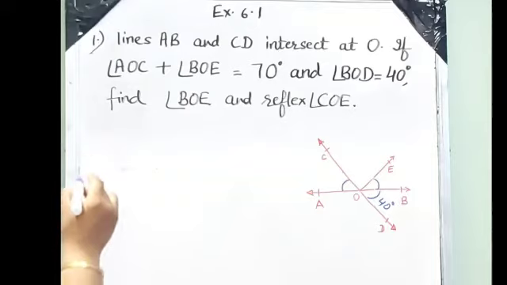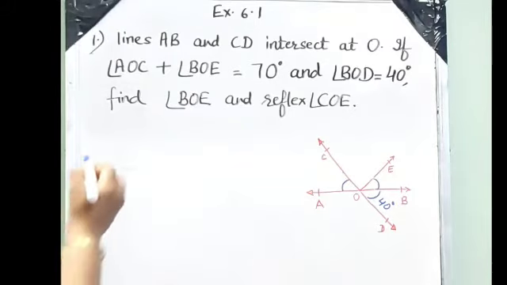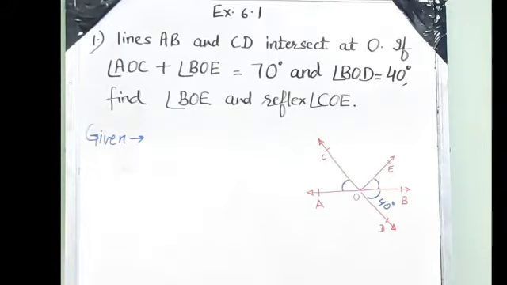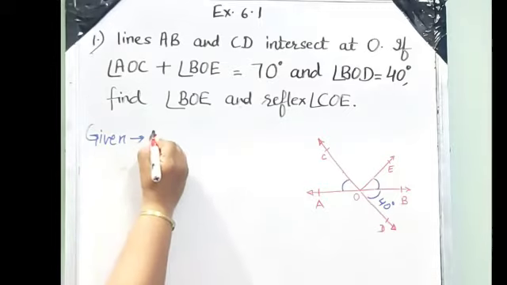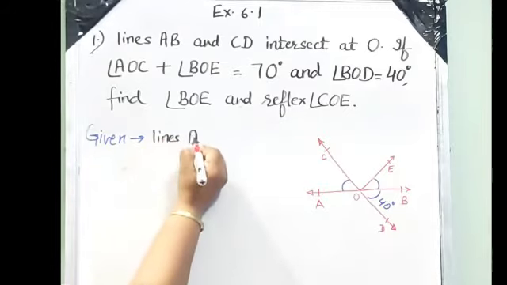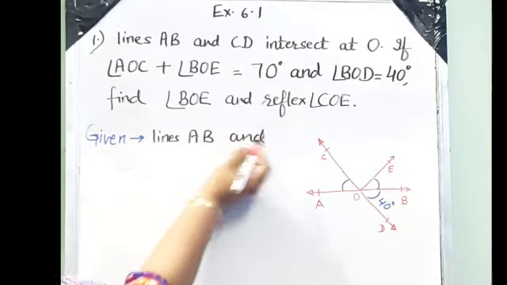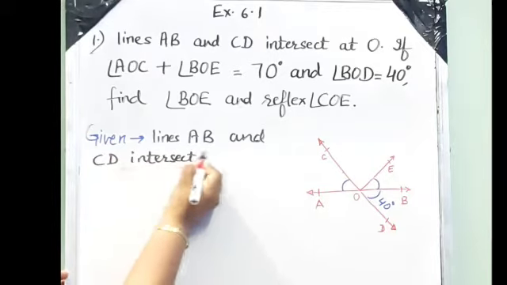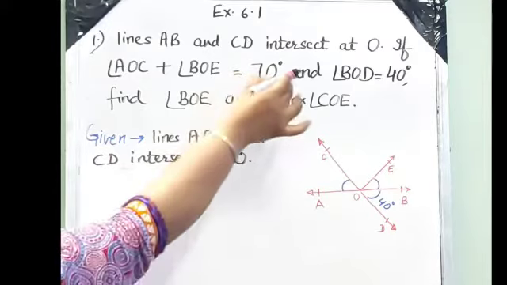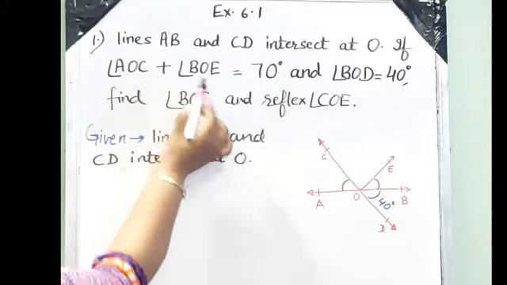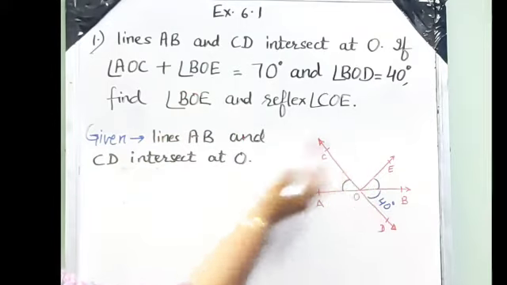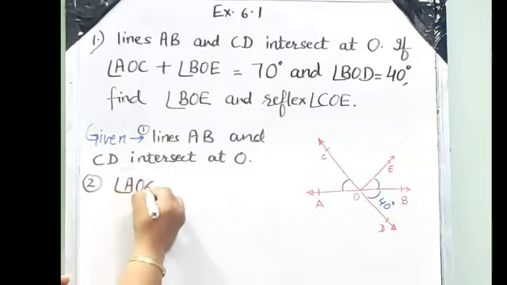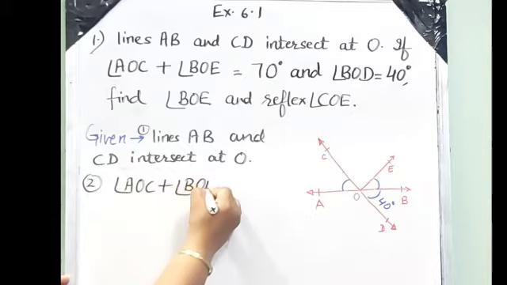Now to do this question, first of all we have to write the given. Given: lines AB and CD intersect at O. Second condition is angle AOC plus angle BOE equals 70 degrees.